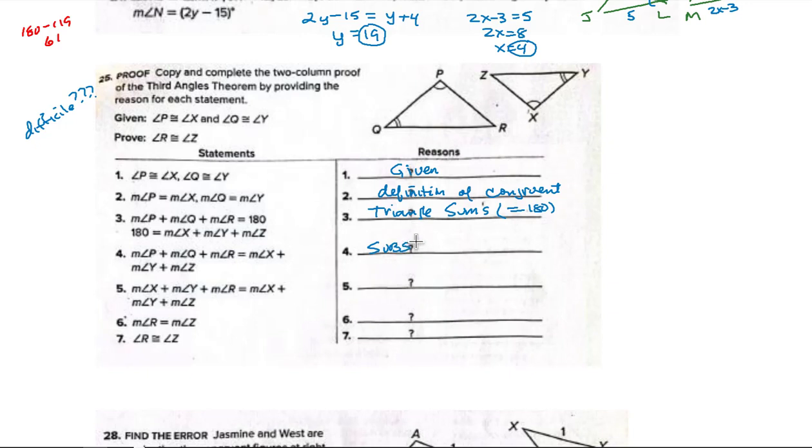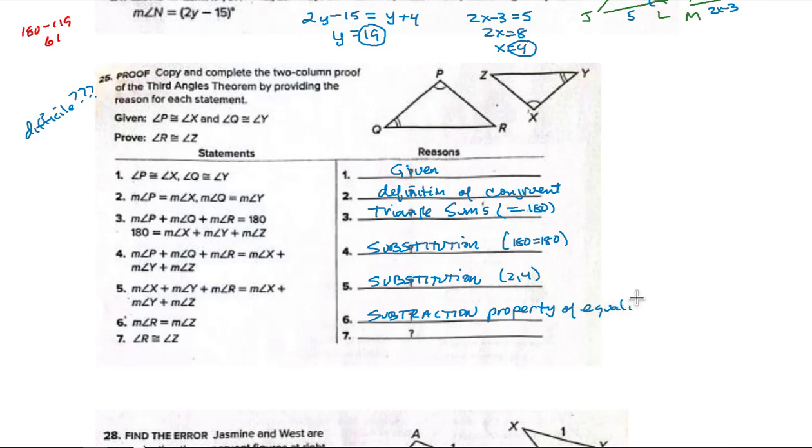Then I think we're going to do a substitution. And 180 is equal to 180, so we're going to substitute in number 3, the first one equal to the second one. And now we can substitute between 2 and 4.